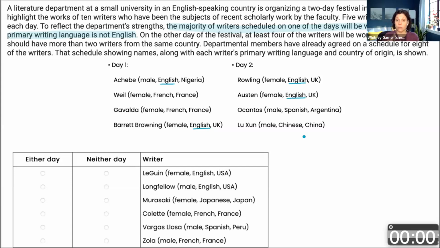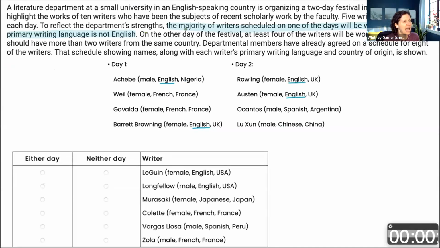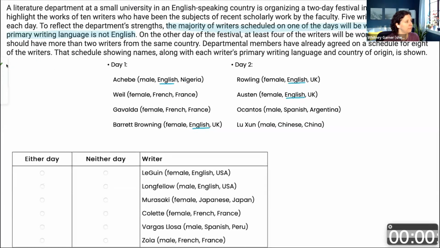They couldn't be on either day. So anyone who speaks English couldn't show up on either, right? Like I couldn't have them necessarily be on either day. So it's one thing to consider. For now, they kind of could be though. It says on the other day of the festival, let's see if this could be more limiting. On the other day of the festival, at least 4 of the writers have to be women.